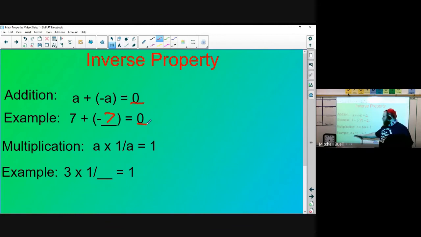It's important to remember when you're doing inverse property that that main number that you're starting with times 1 over that number is going to give you 1. So if we have 3 times 1/3, that's going to give us 1. So those are the inverse properties.